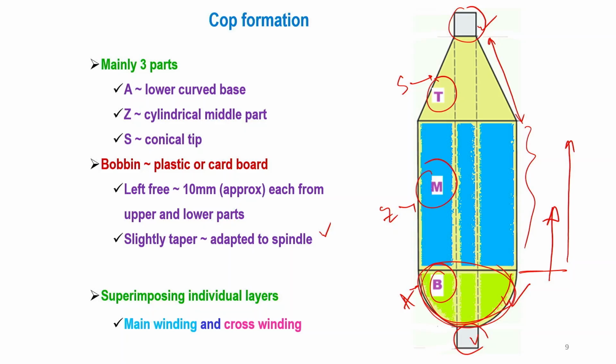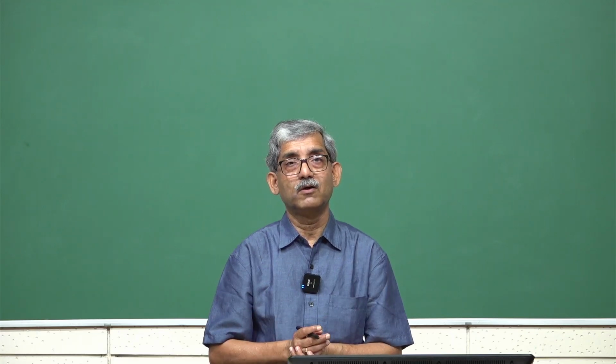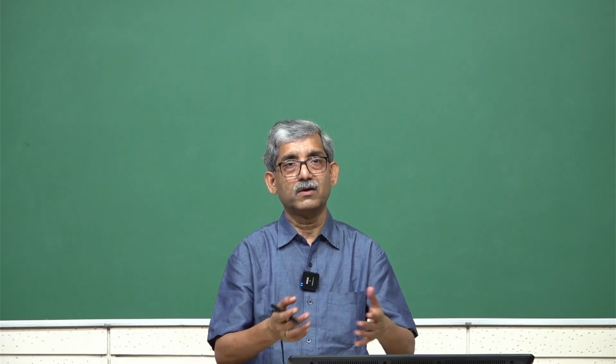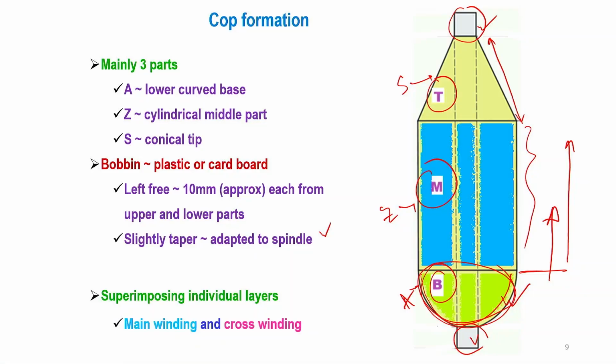When it moves upward, the major quantity of material is wound on the cop. This is called main winding. While moving downward it moves at a faster speed, with retarding.